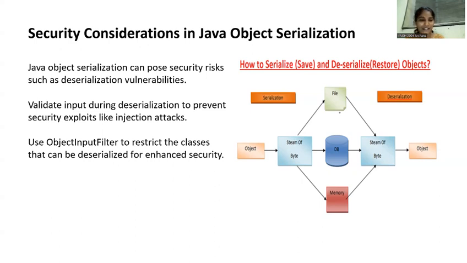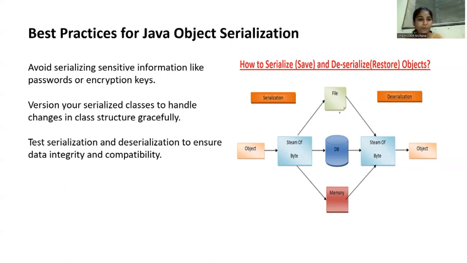And use ObjectInputFilter to restrict the classes that can be deserialized for enhanced security. So we use that filter, mainly ObjectInputFilter, so that we can restrict which classes can be deserialized, and avoid unsafe deserialization to enhance the security. So in this way, object serialization helps in Java.